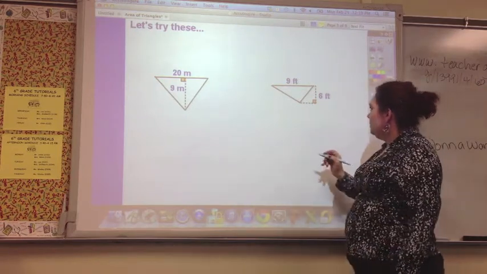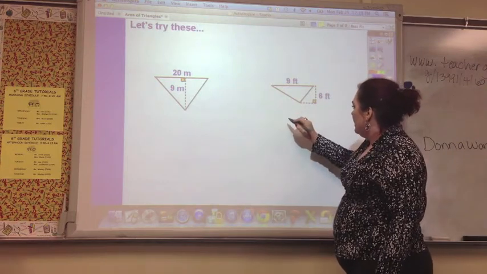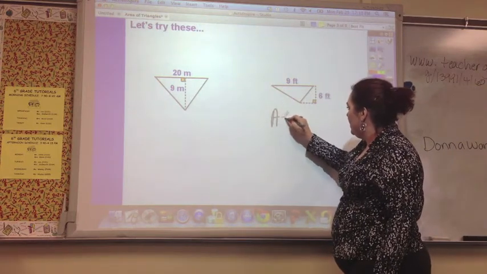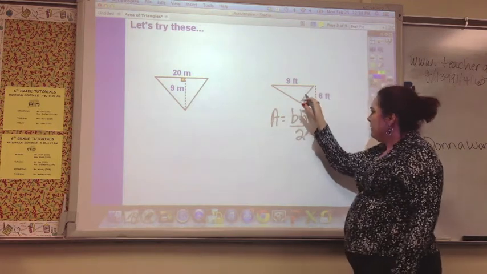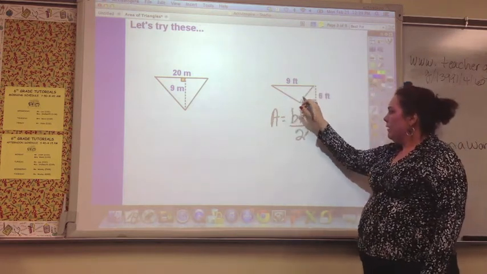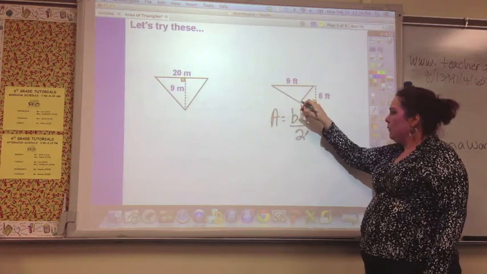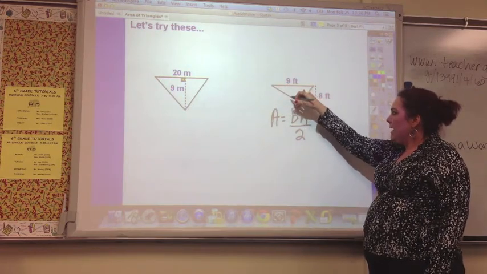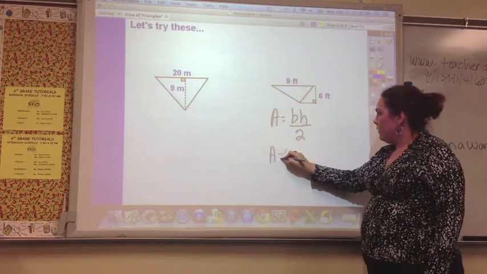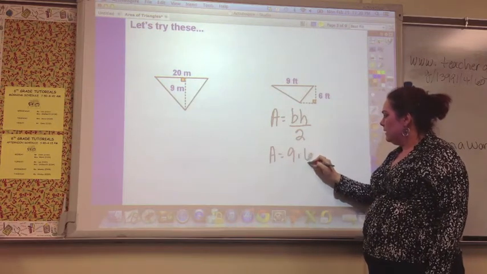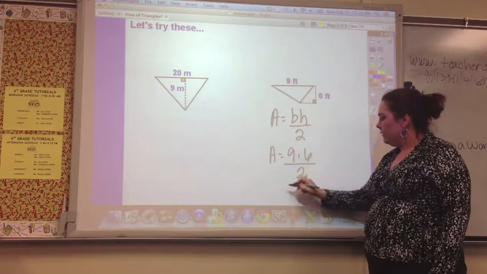Let's look at this one. So I've got area equals base times height divided by 2. Now this one has a marking over here that shows that it's perpendicular to the base and that this is the height. So area equals 9 times 6 divided by 2.